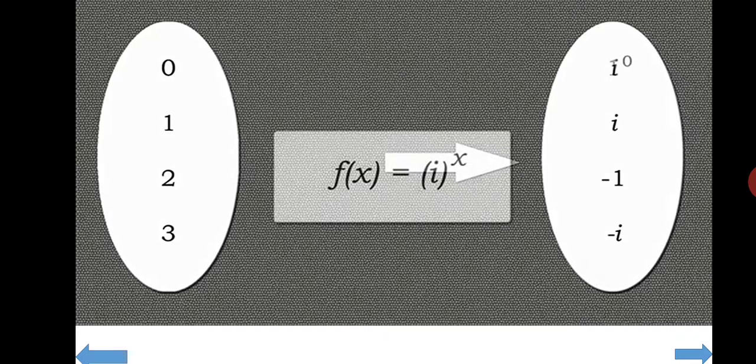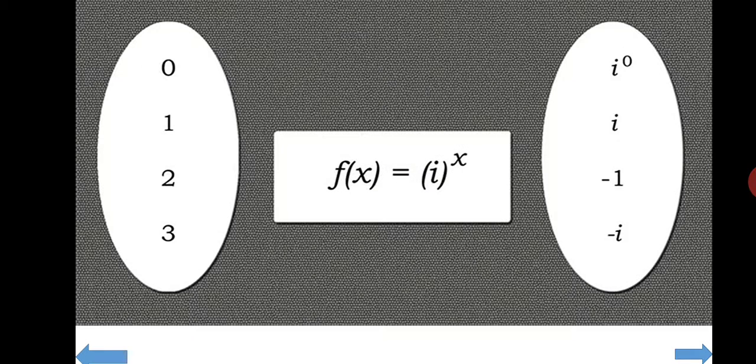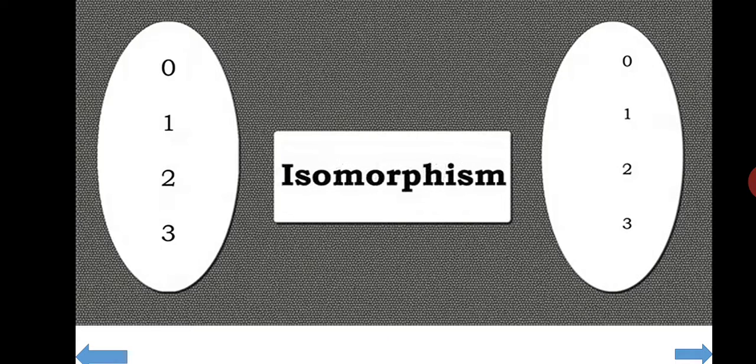Let's replace the element 1 by i to the power 0, the element i by i to the power 1, the element -1 by i to the power 2, and the element -i by i to the power 3. If we ignore all the i's, we end up getting the same elements that we have in the first group. This is exactly what an isomorphism does. It makes two completely different groups look exactly the same.